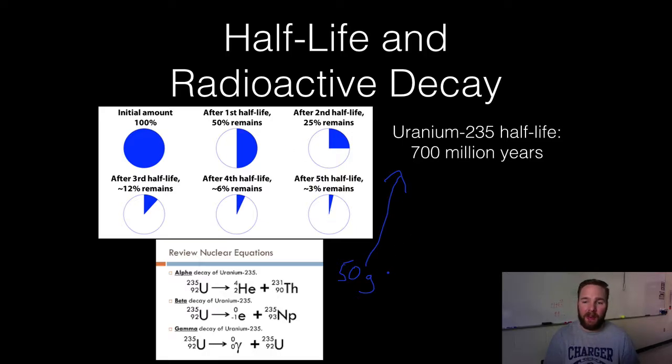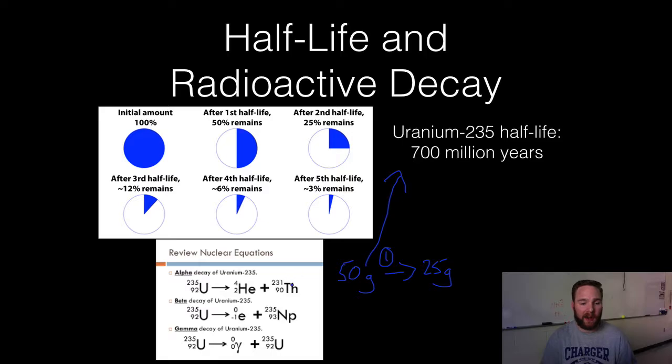It means that it would take 700 million years for 50 grams of uranium, I'm going to put one half-life over here, to turn into 25 grams of uranium, right? So what happened to those 25 grams?